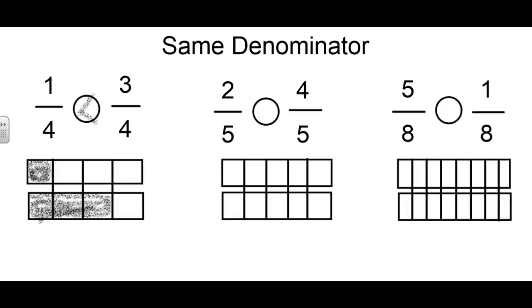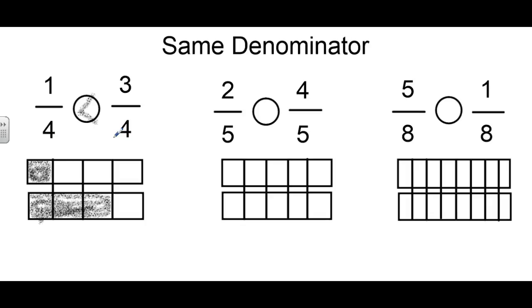So when they have the same denominator, all you have to do is look at the numerator and see which one is bigger or which one is more. And I know that's a little bit different than the ones that have the same numerator, because when the fractions have the same numerator, then you're looking at the denominator, and we've talked about if it's a bigger denominator, that's the smaller the part.